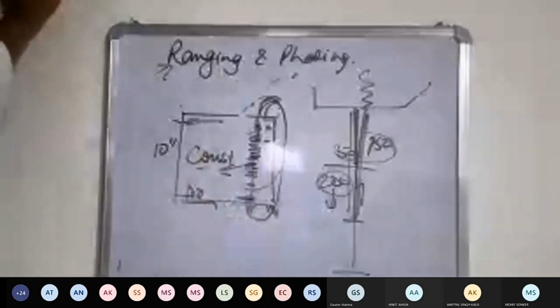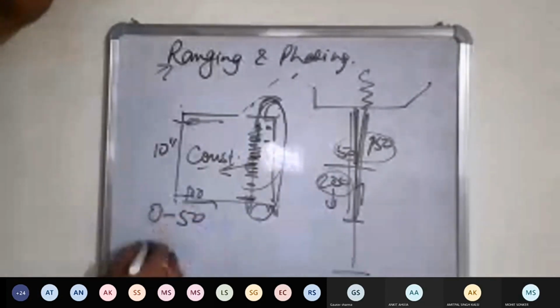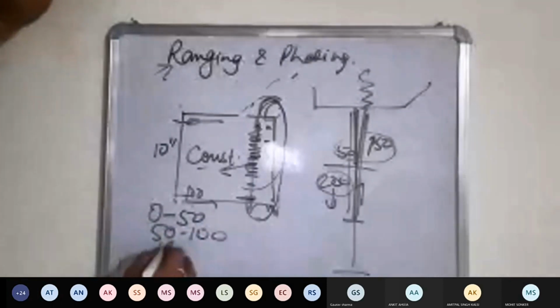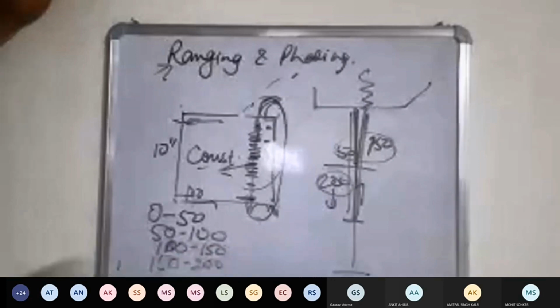It does not change. How is the range defined then? It is defined as 0 to 50, 50 to 100, 100 to 150, 150 to 200.